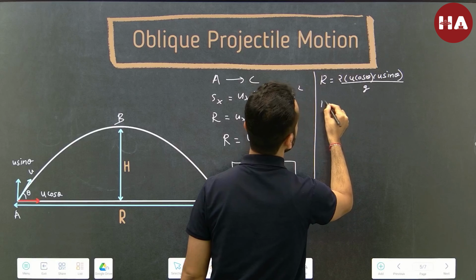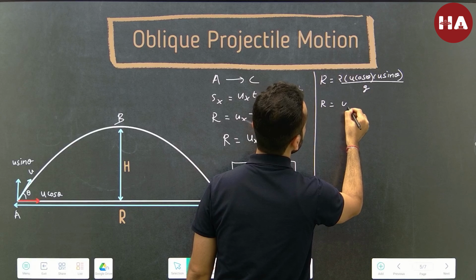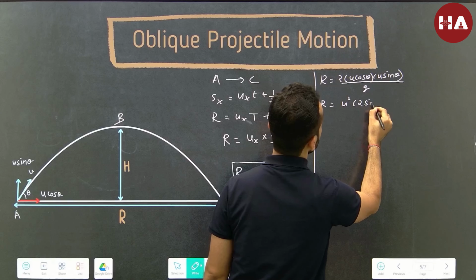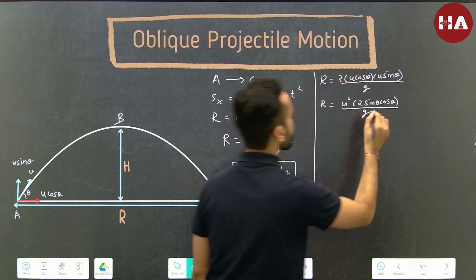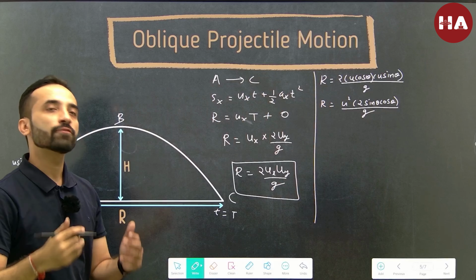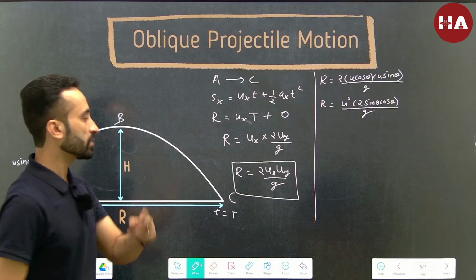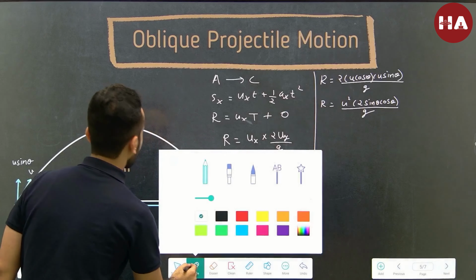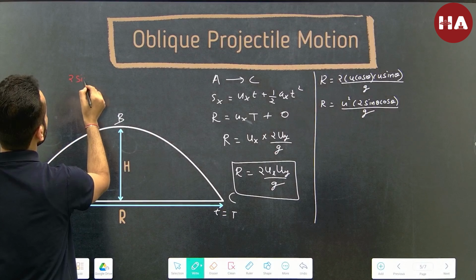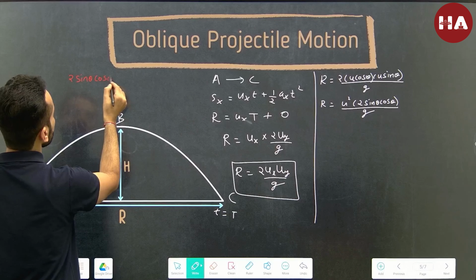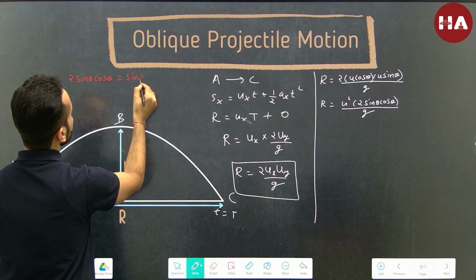So the range turns out to be u square 2 sine theta cos theta over g. This is the value of range. Now there is one trigonometric identity that I want to use here: 2 sine theta cos theta equals sine 2 theta.